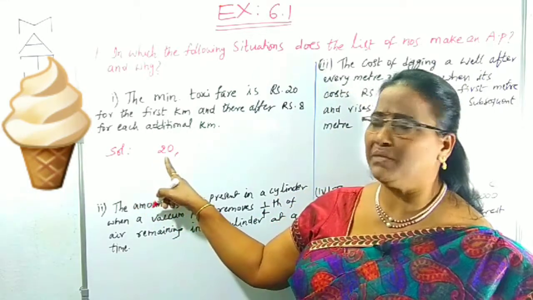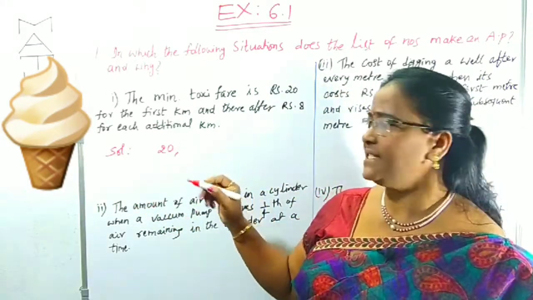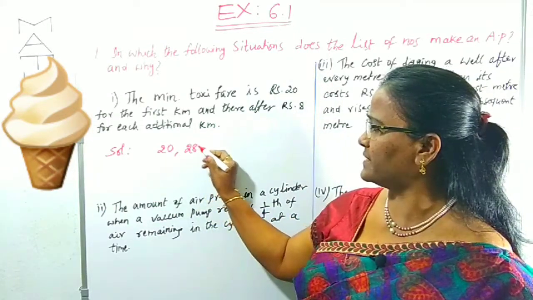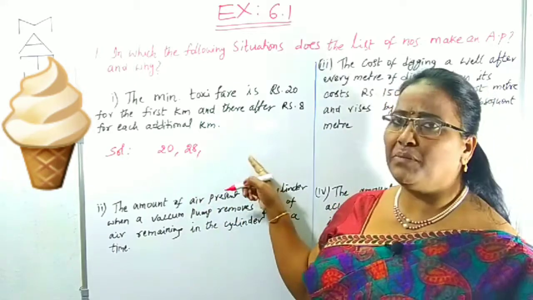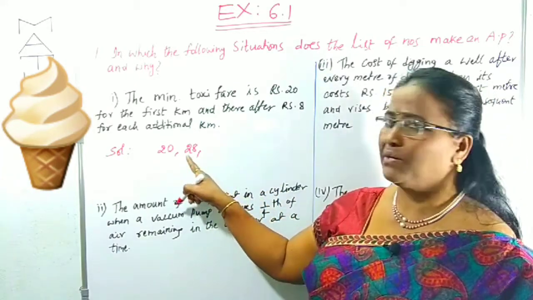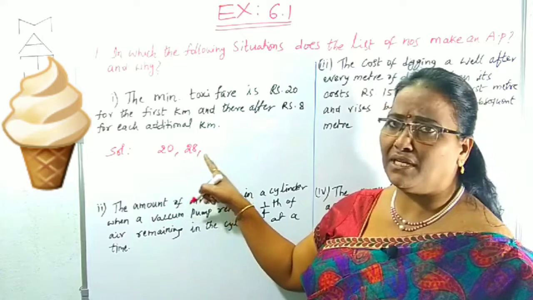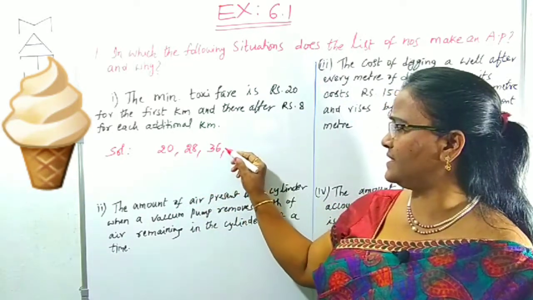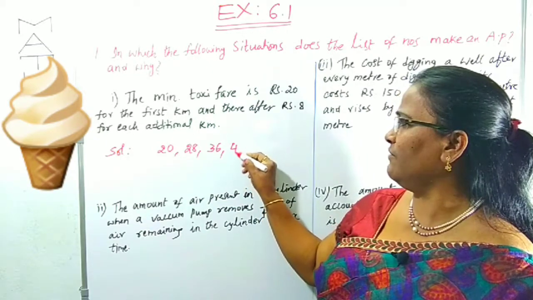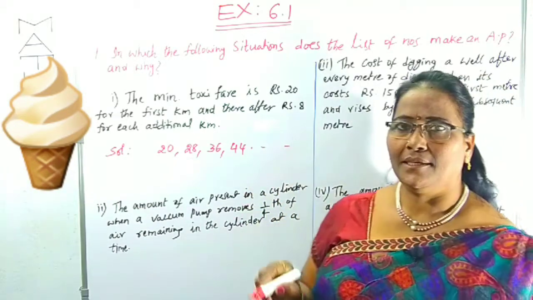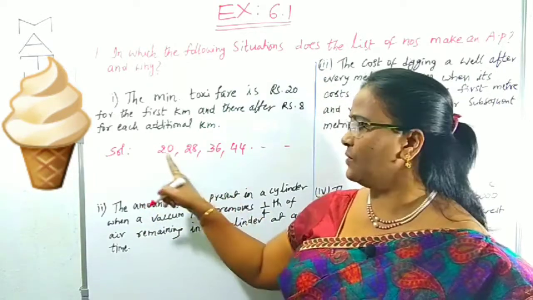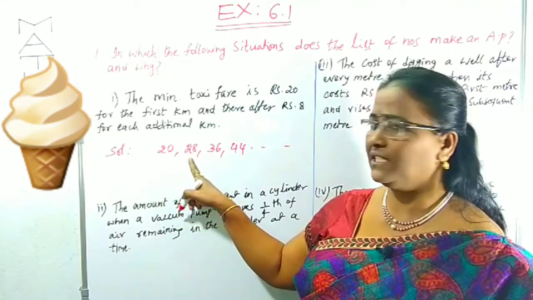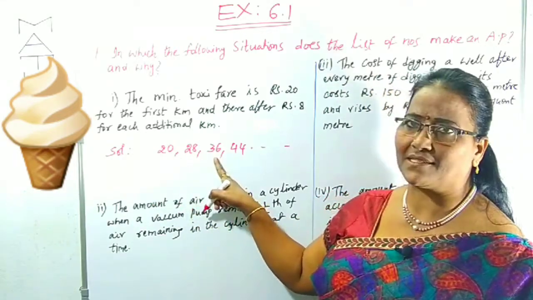Then if he runs 1 kilometer, ₹8 is added to the 20. That will be ₹28. Then one more kilometer if the meter runs, one more 8 is added to 28. 28 and again 8 is added, 36. Again for 36, 8 is added, it will be 44, like this. Okay. Is it clear? For each kilometer 8 is added. What is the starting fare? 20. 20 plus 8 is 28. 28 plus 8 is 36, etcetera.